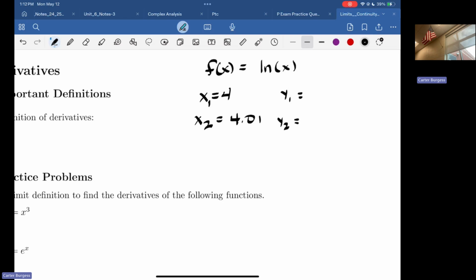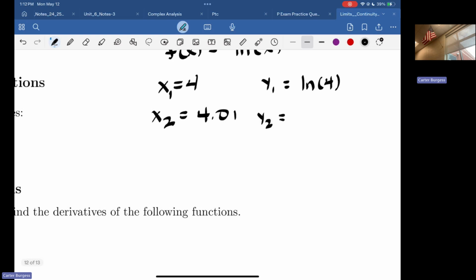It would be just the ln of 4, right? You just plug 4 into the formula. And then if x2 is 4.01, then we could think of y2 as just whatever the ln of 4.01 is.